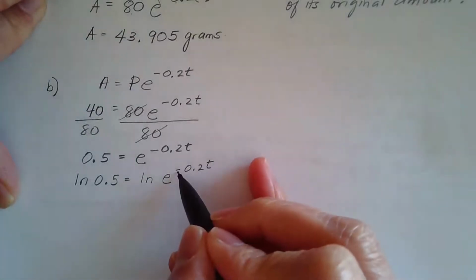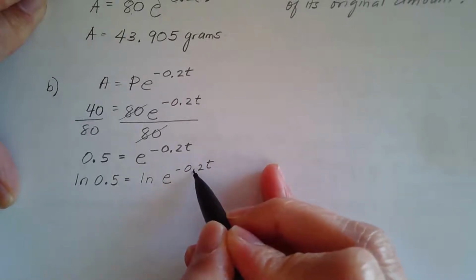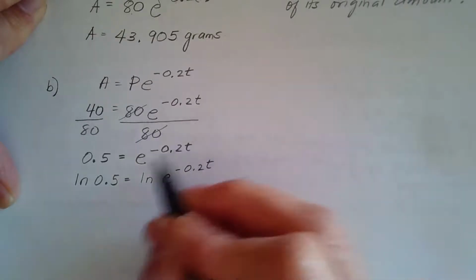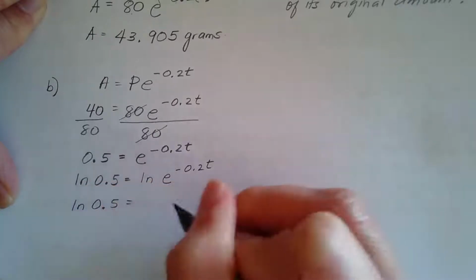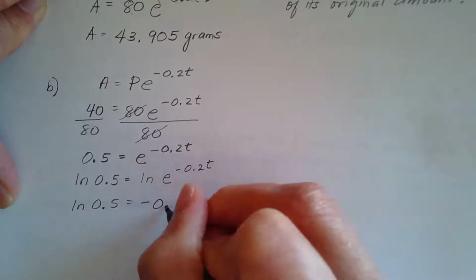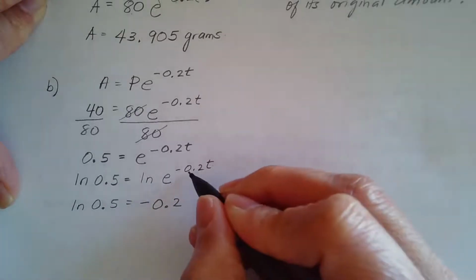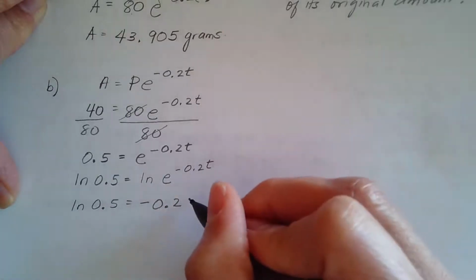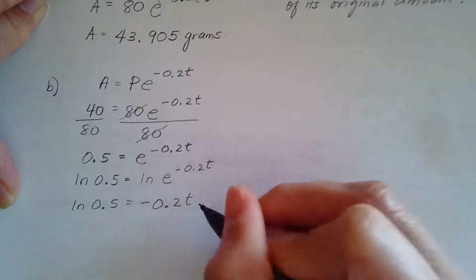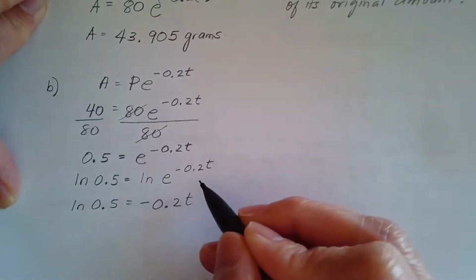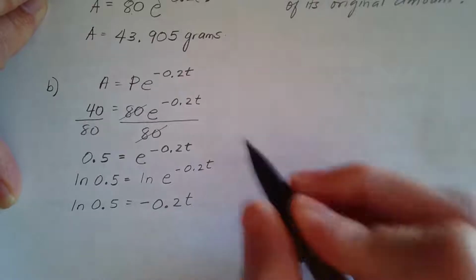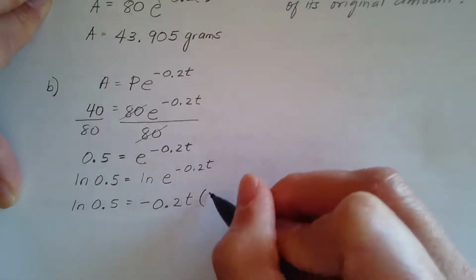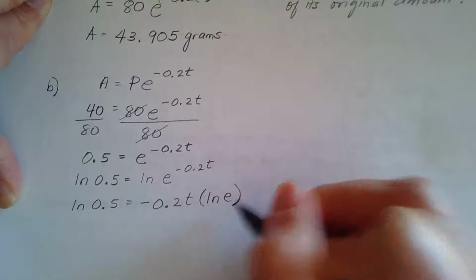So I'm bringing the negative 0.2t to the front. Natural log of 0.5 is equal to negative 0.2 times t times natural log of e.